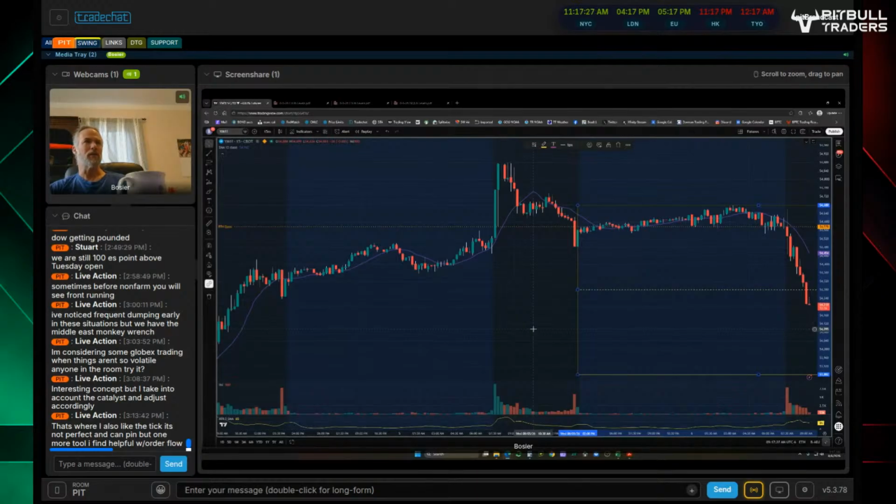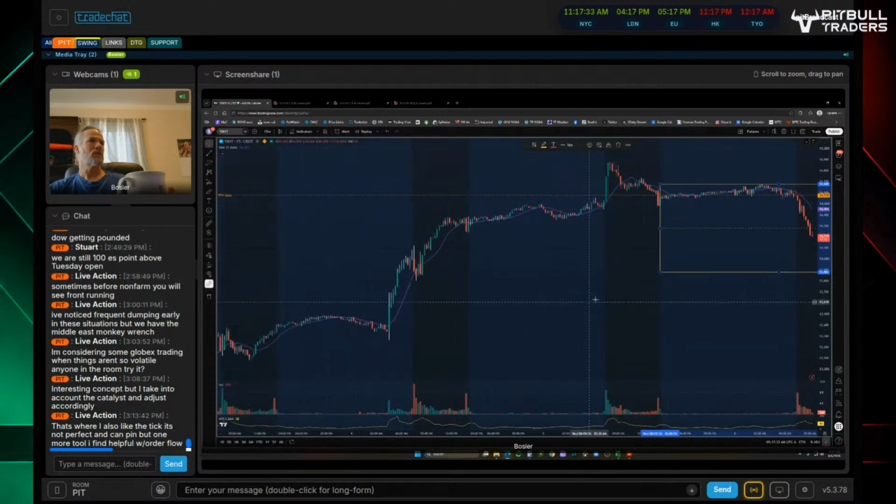The algos and the bots pay attention to this stuff. And you're seeing the bond market sell off again a little bit here, so they're making new lows. Oil's breaking out and making a new high.